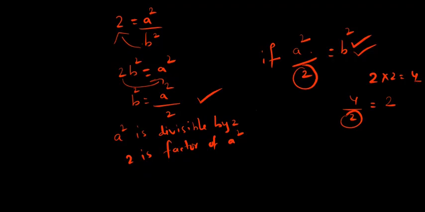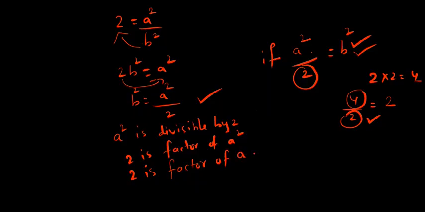Now comes the real confusion of every student. Next, something will be like this; it will shock someone. 2 is a factor of a square, we know. 2 is a factor of a. You will be seeing this one in your textbook. Some may guess how it has happened, some may not.